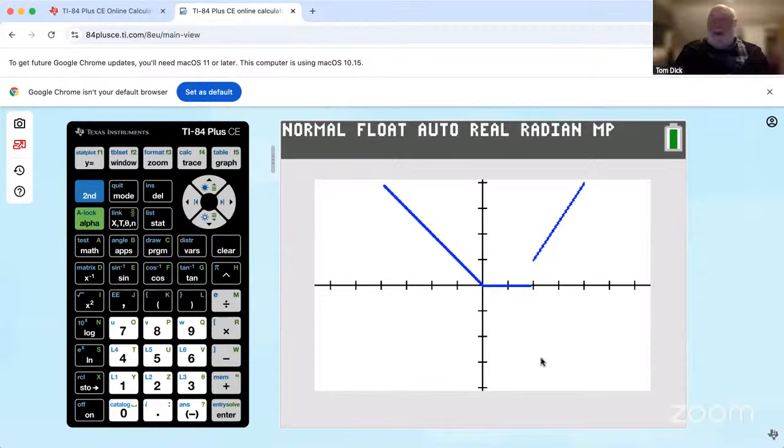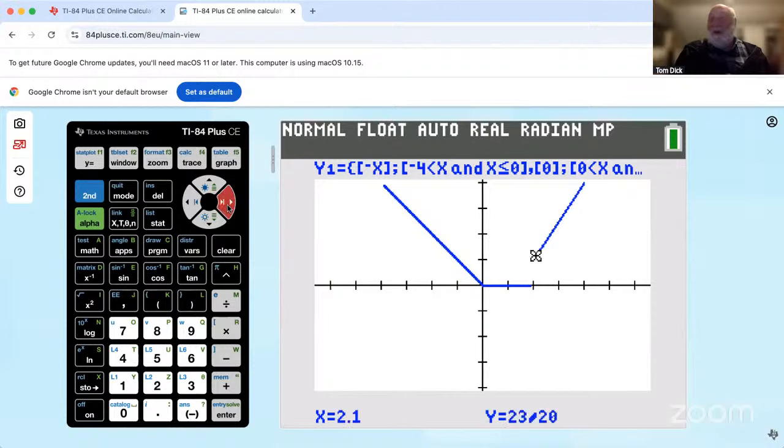So very good. Yeah, and if we trace, let's go ahead and trace over to 2. See, all these values are y equals 0. There's 1.8, 1.9, still 0. When I hit 2, it jumps up to 1. There we go. All right.